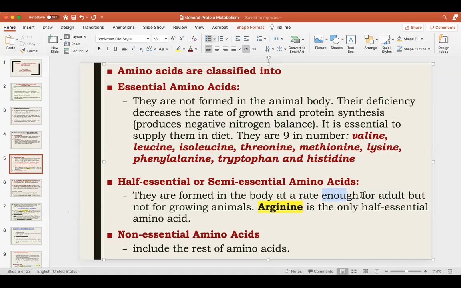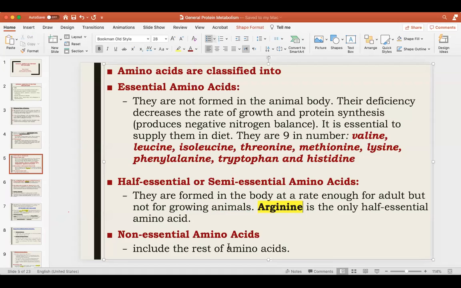So it is sufficient for adults, but not sufficient for growing children or growing animals. Arginine is the only semi-essential. You have to study the name arginine, and to be able to remember the name arginine in the exam, arginine is the only semi-essential amino acid.